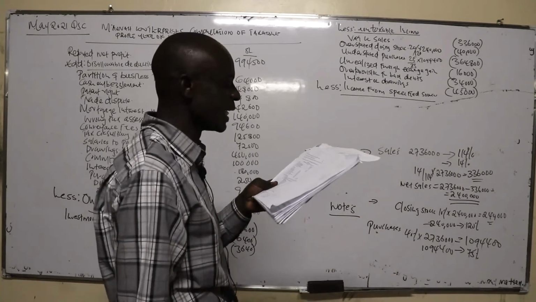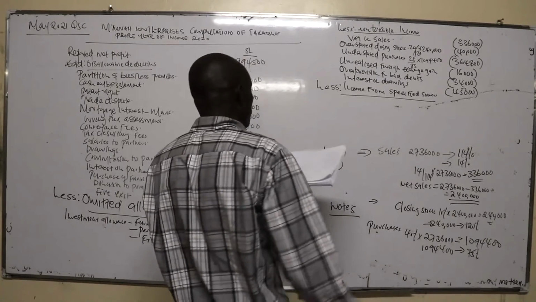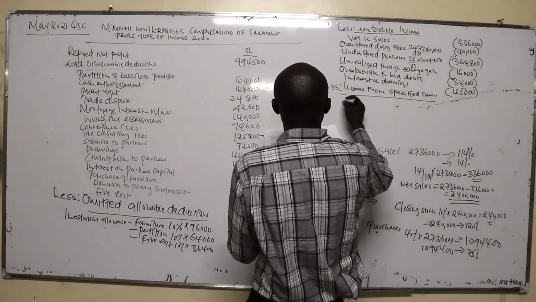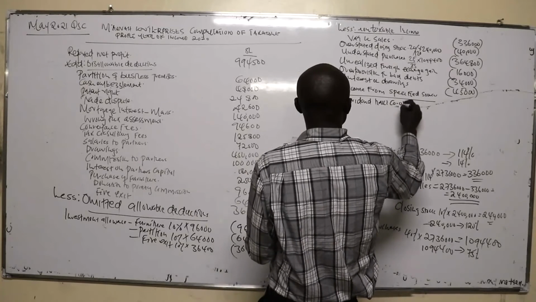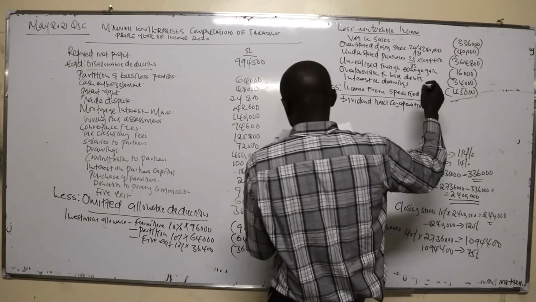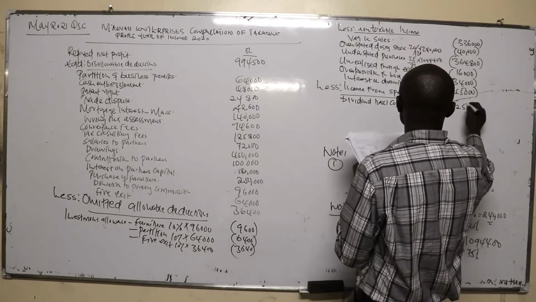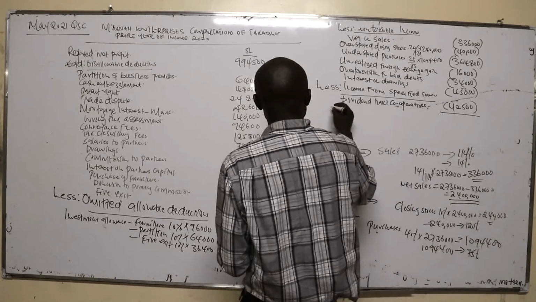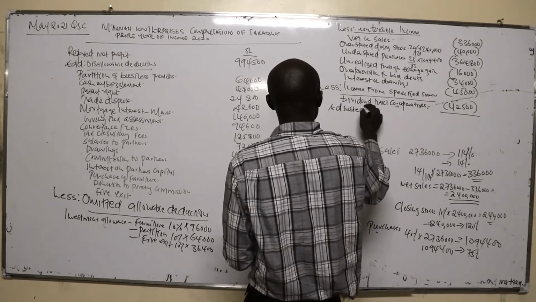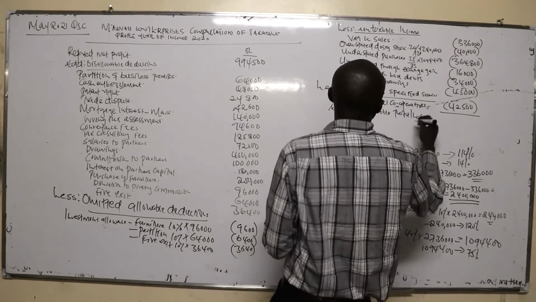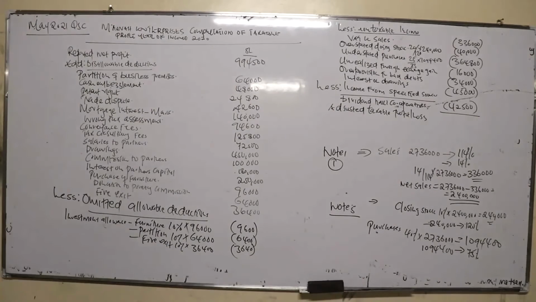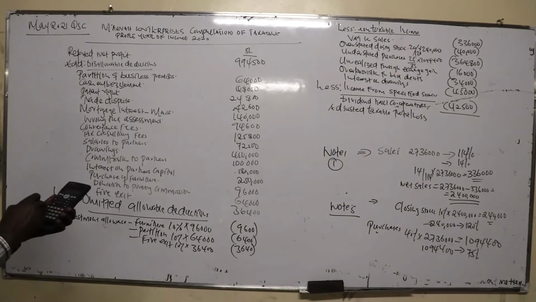So we have investment income included in this business income. So you're going to deduct dividend from Haki Cooperative, 42,500. So here you get the adjusted taxable profits. When you do that computation, you get the adjusted taxable profit or loss. So you take 994, you add 64,000.